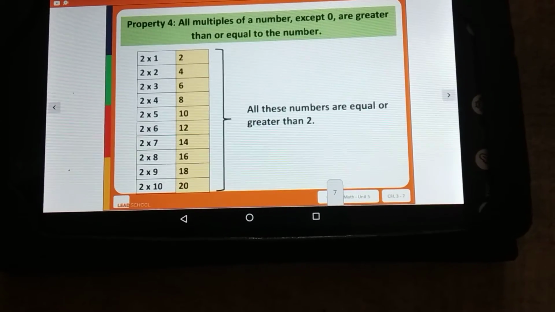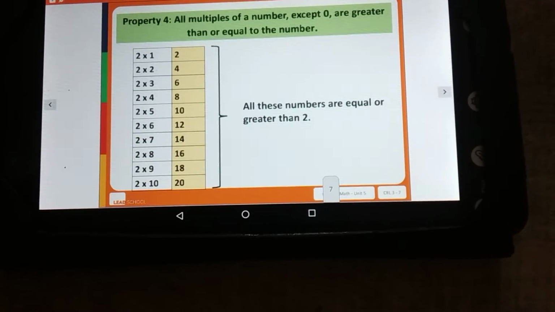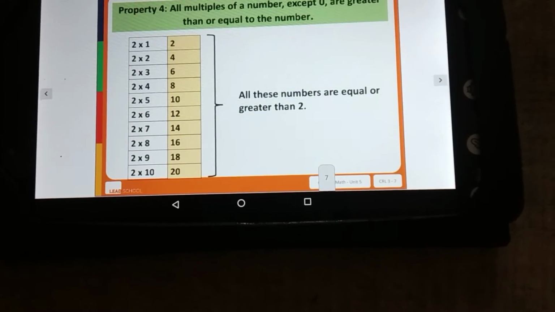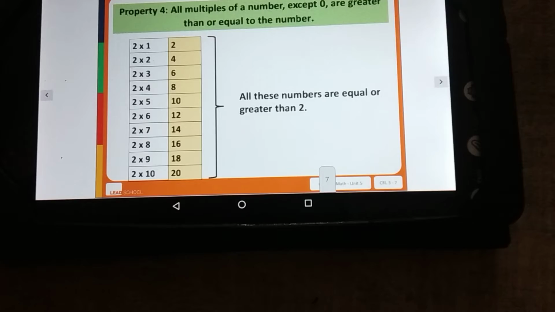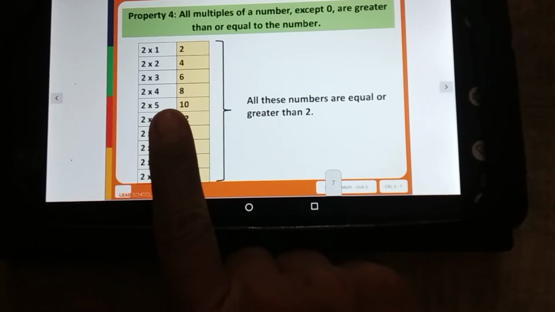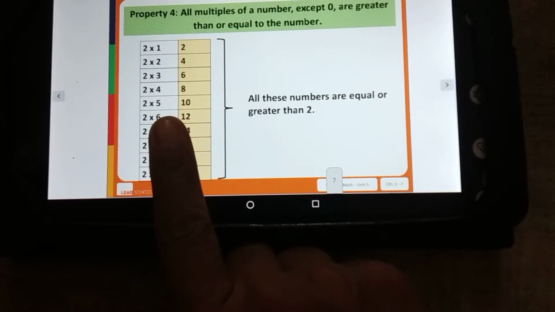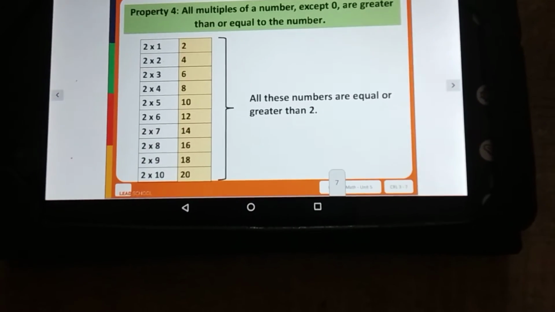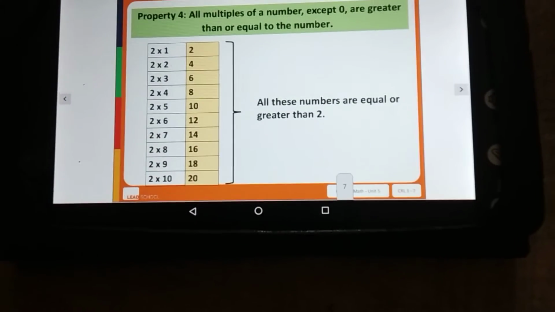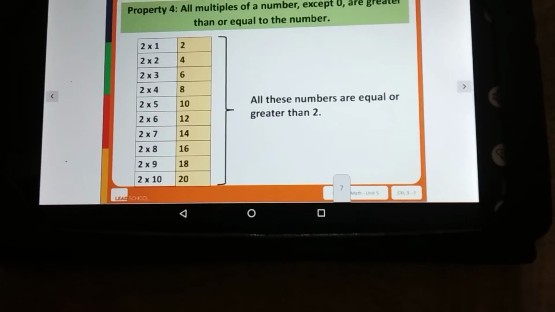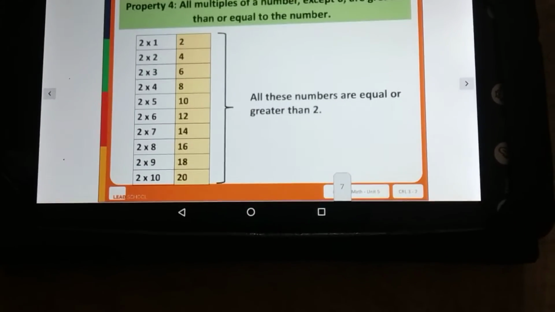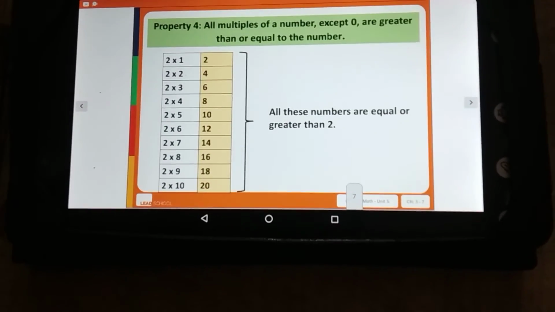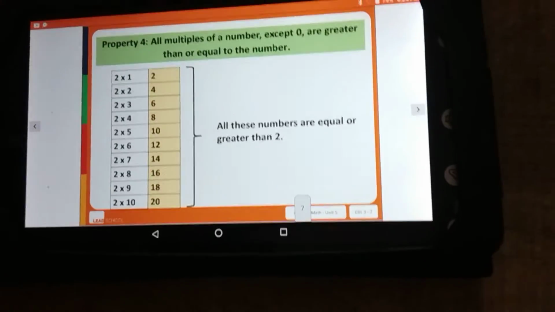So in that, 2 1s are 2, 2 2s are 4, 2 3s are 6, 2 4s are 8, 2 5s are 10, 2 6s are 12, 2 7s are 14, 2 8s are 16, 2 9s are 18, 2 10s are 20. All these numbers are equal to or greater than 2.